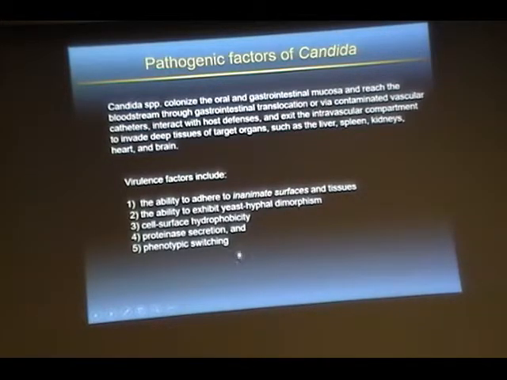And cell surface hydrophobicity, proteinase secretion to destroy some of the host factors, and phenotype switching, all these are other virulence factors that Candida uses to invade the host.